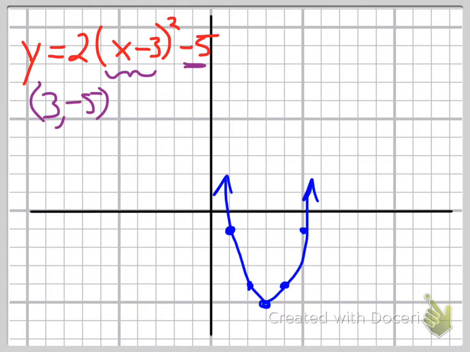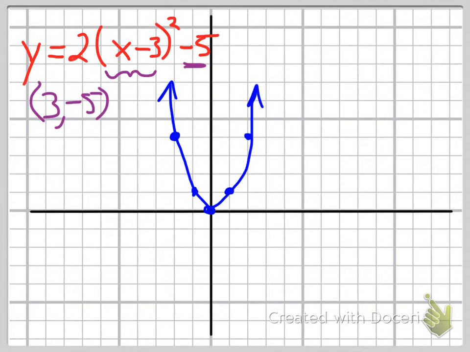My graph would look like this if I had an a value of 1. So if my equation had an a value of 1, like that, this would be the graph in blue, and I would be done with the problem. However, the a value is not 1. The a value here is 2, so I need to do some slight adjustments.